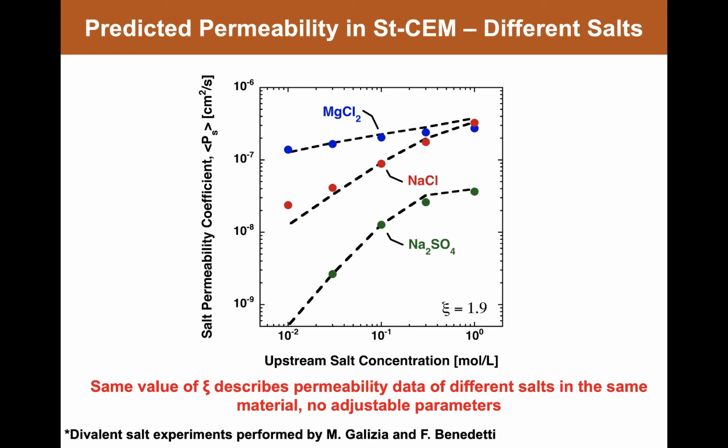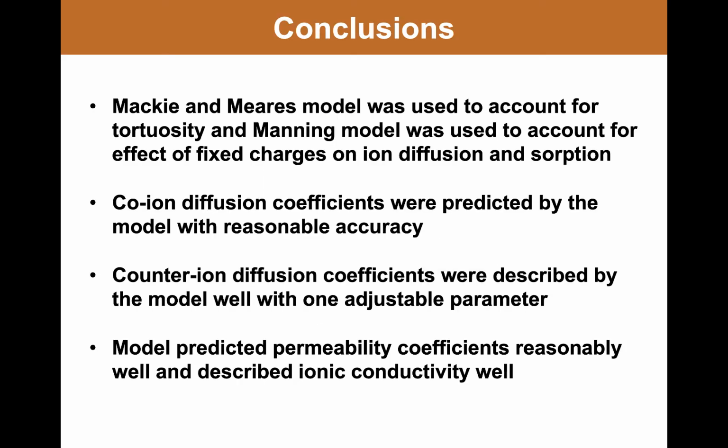validation of the approach. And so in conclusion, in this section of the notes, this Mackie and Meares model has been used to account for tortuosity on diffusion coefficients, and the Manning counterion condensation model was used to account for the effect of fixed charge on ion sorption and diffusion, and we can predict coion diffusion coefficients with very good accuracy, but not for the counterion diffusion coefficients, because they have two modes.